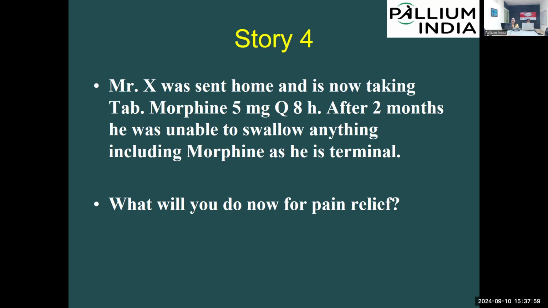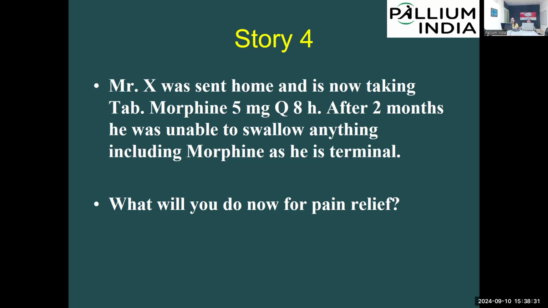What do we do for pain relief at this stage? The patient has pain, but he is unable to swallow anything, and the patient is at home. We have to give injection morphine now. Injection morphine, yes, diluted, 1 ml of 15 milligram plus 9 ml of saline, and give the injections.